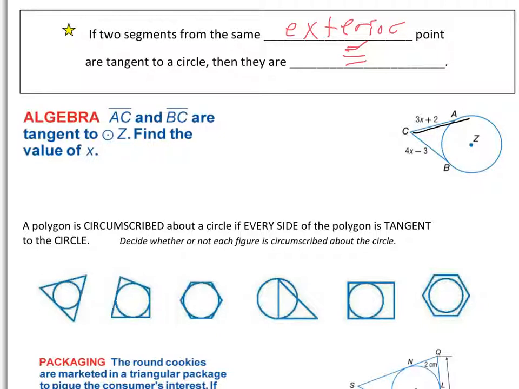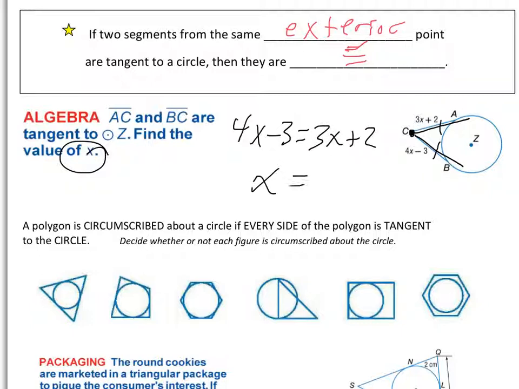They come from the same point, and they're tangent to the same circle, therefore these two segments are congruent. So if we're trying to find the value of x, all we have to do is set 4x minus 3 equal to 3x plus 2. Solve for x and we find that x equals 5, which is what we're looking for, so no need to plug it in.